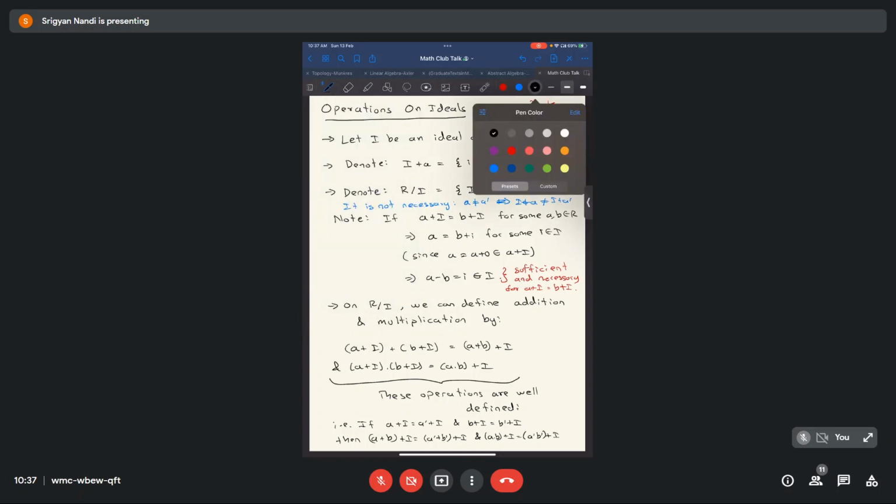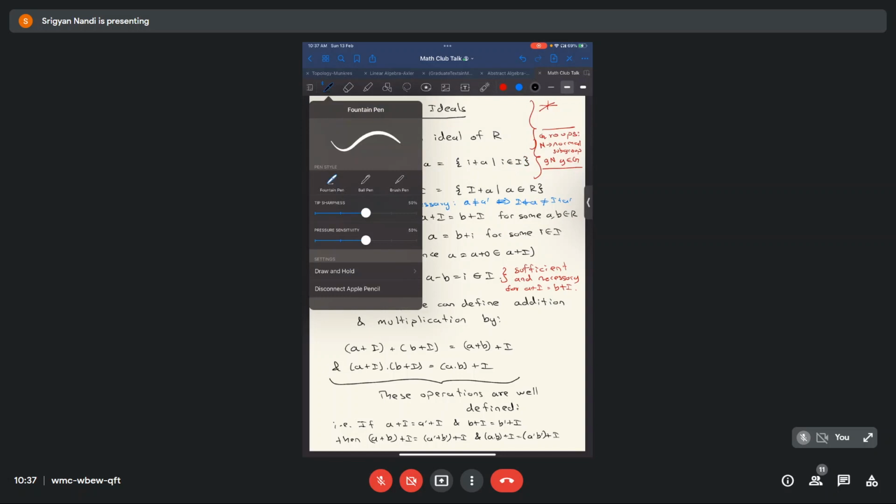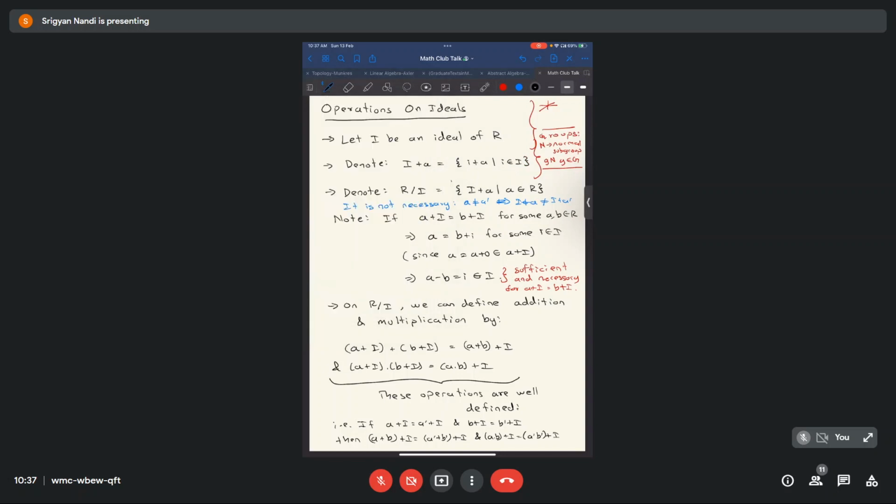Adding a shift by a to a shift by b gives the result of a shift by a plus b. So a plus I plus b plus I goes to a plus b plus I. Similarly, the multiplication is defined in the same intuitive fashion: a plus I times b plus I goes to ab plus I.